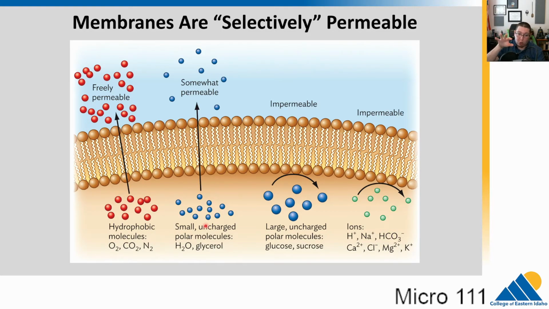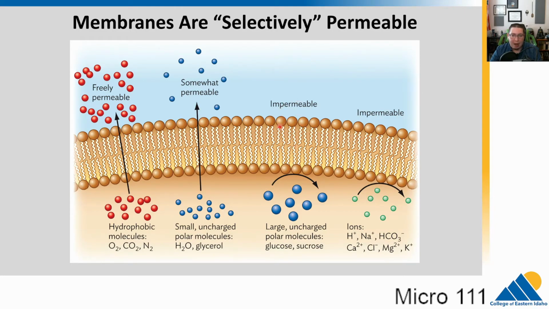Slightly larger uncharged polar molecules, water, glycerol, these can move across the membrane, but not quite as well, but they will still diffuse. Very large uncharged polar molecules like sugars, like glucose and sucrose, they're too big to diffuse across.